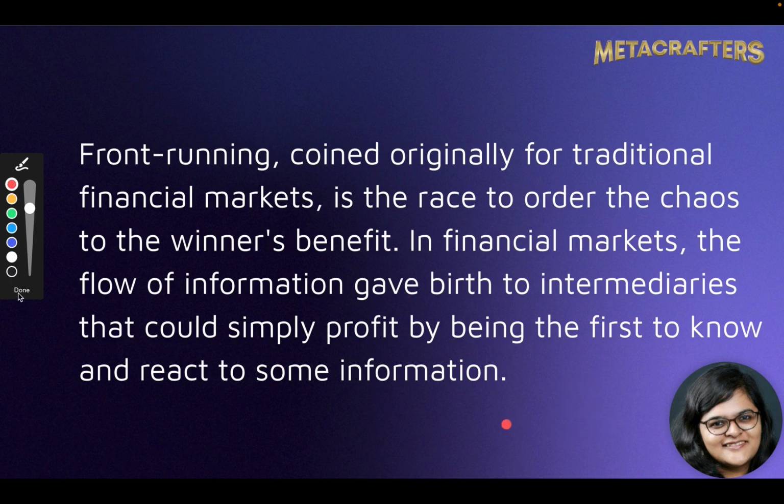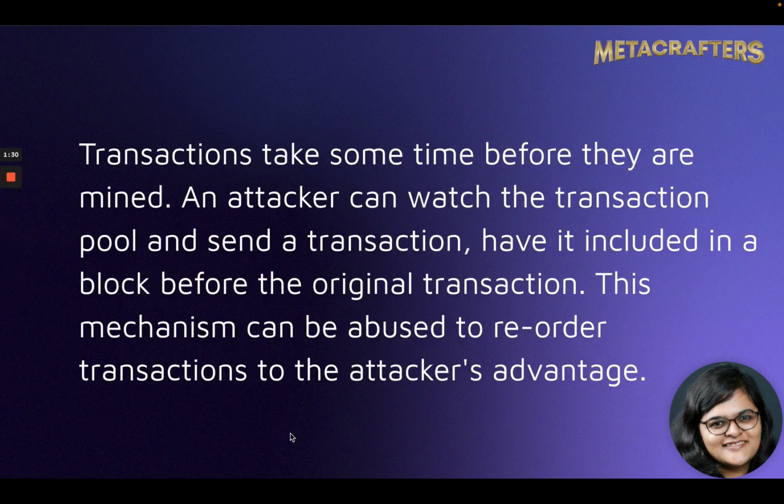Now, in this case, what you can do is that as an attacker, you can watch the transaction pool and send a transaction, have it included in a block before the original transaction. So you see an original transaction, for example, you see a swap happening on the DEX for something, right?